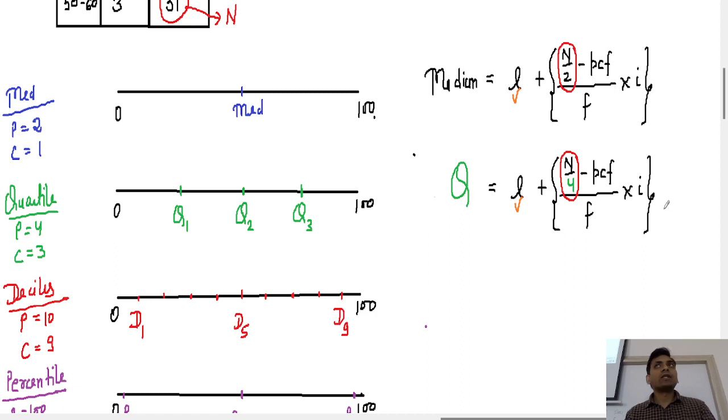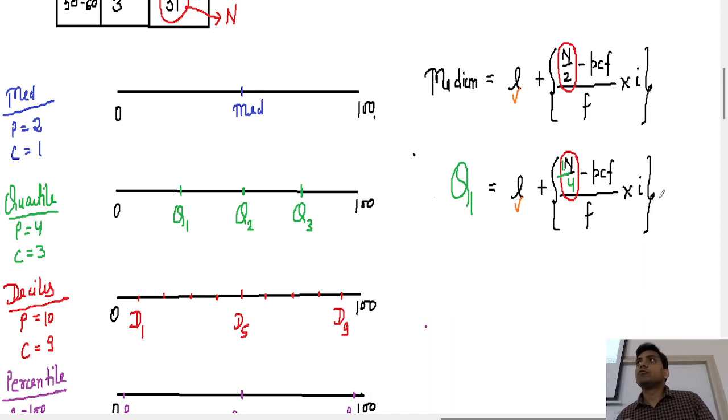Q1, Q2, Q3. There are 3 quartiles. To find the first, second and third quartile, what will we do? Simply, if you need the first quartile, you will write this as Q1, and this quantity n/2 can be written as 1 into n/4.